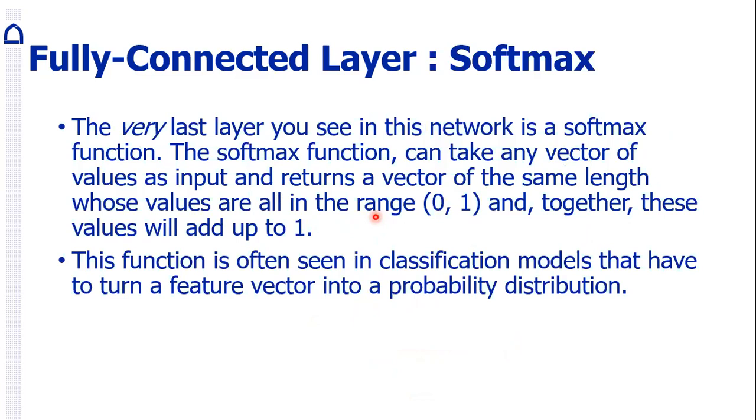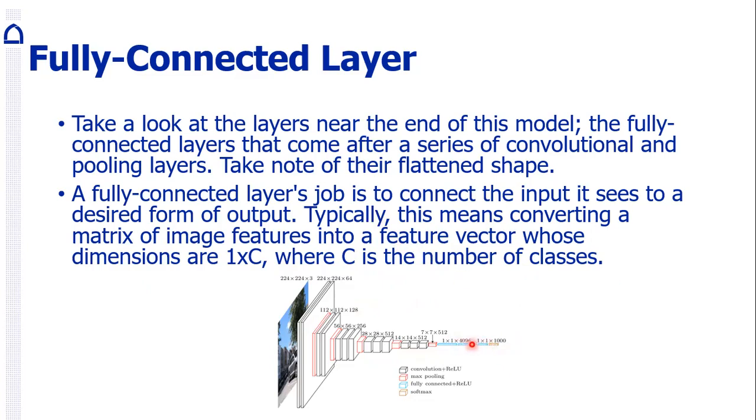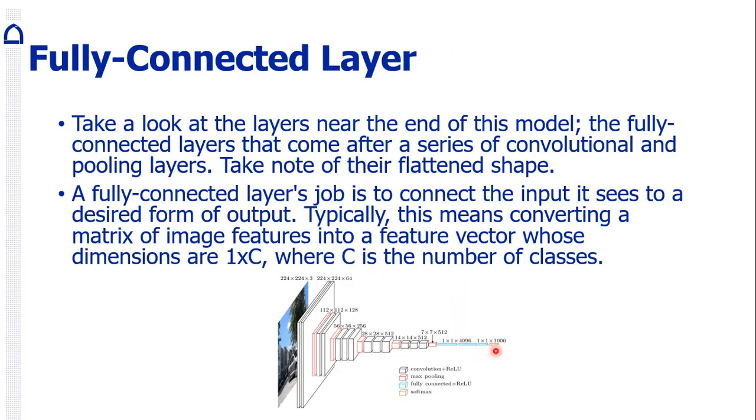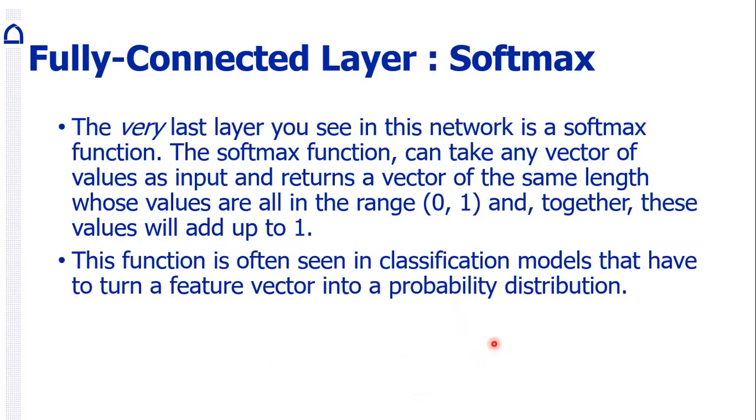Another function is softmax. Softmax is important to produce the class labels, as a probability distribution. So it can, for example, say which class is more probable than the other. For example, the 1000 labels can be produced using softmax as a probability distribution.